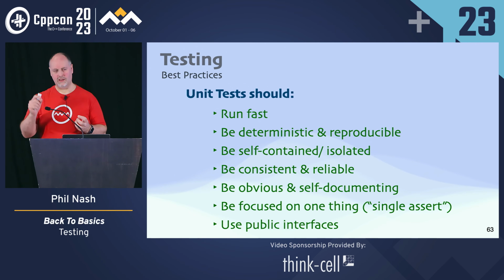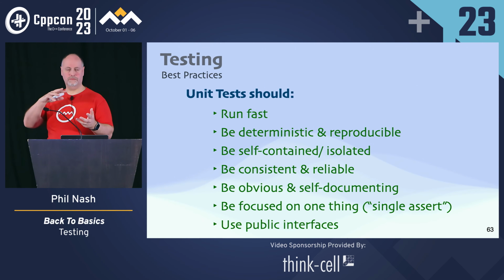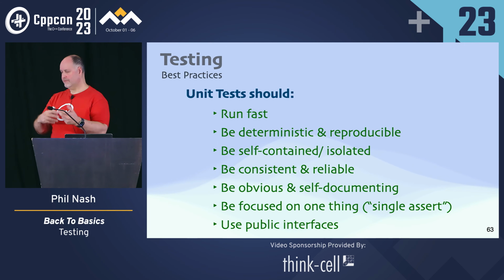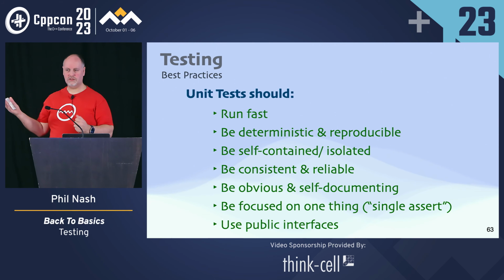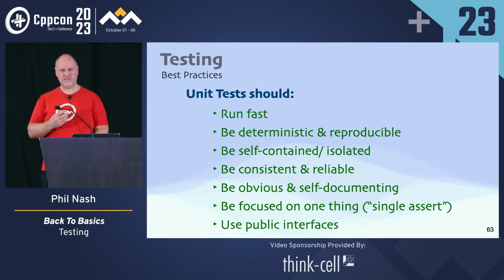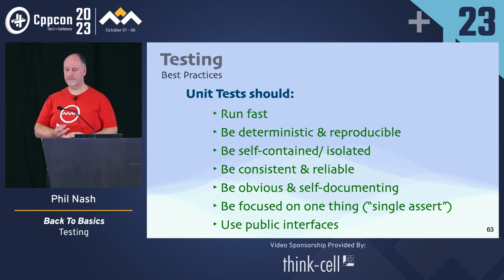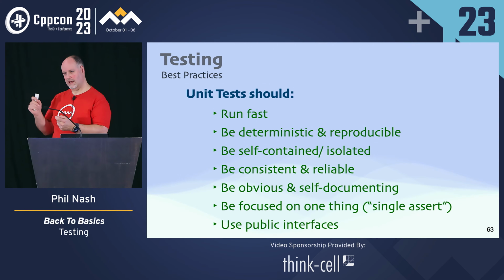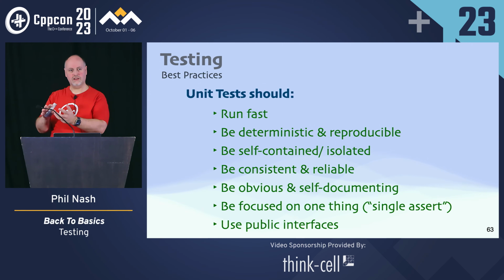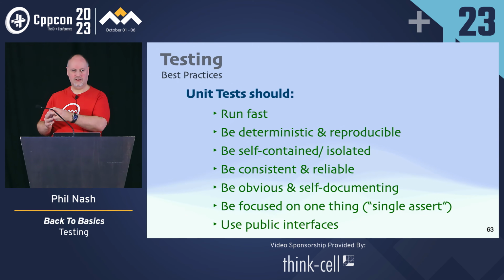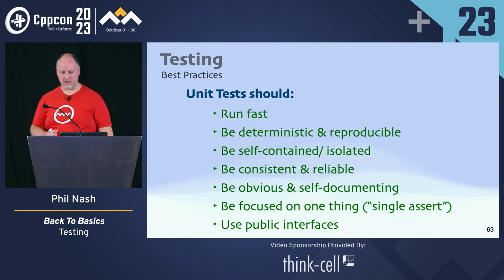But if that implementation is not really visible or observable through your public interface, then it can change for reasons that are unrelated to your ultimate requirements. And that makes the test really brittle. It can also make the test hard to write. And it can mean you can end up changing the interface of your code purely for testing purposes. And it can damage the code.